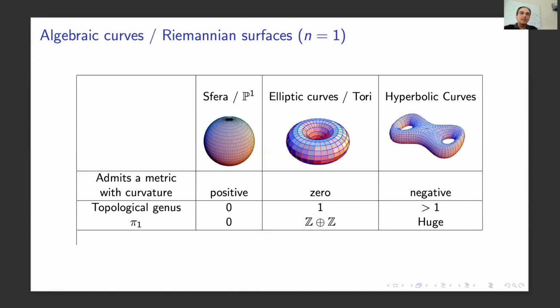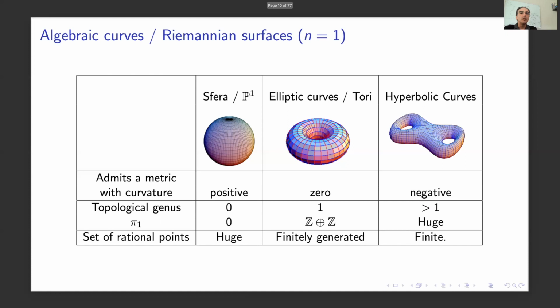And again, something similar happens from many different points of view. Let's see one more. We can ask ourselves, what is the set of rational points? So what does this mean? Naively speaking, although this is not quite true, these are objects defined by zeros of polynomials in projective space over the complex numbers. So we can ask how many points have rational coefficients.